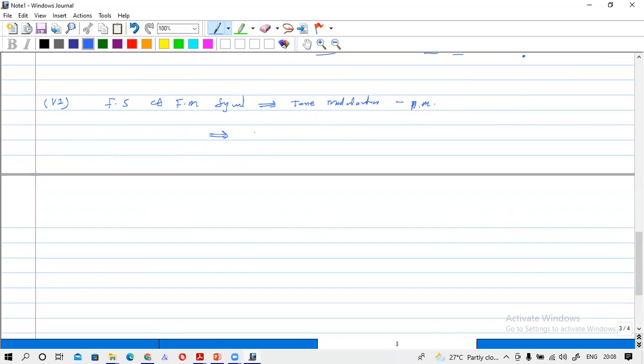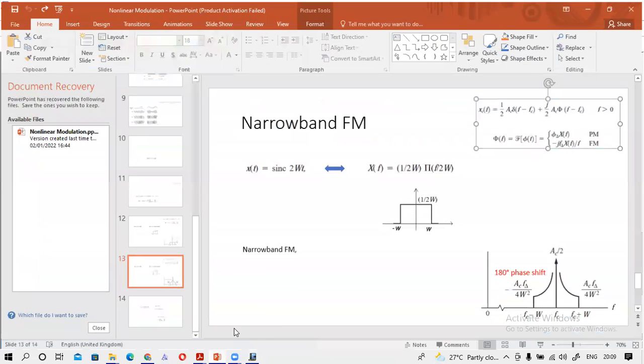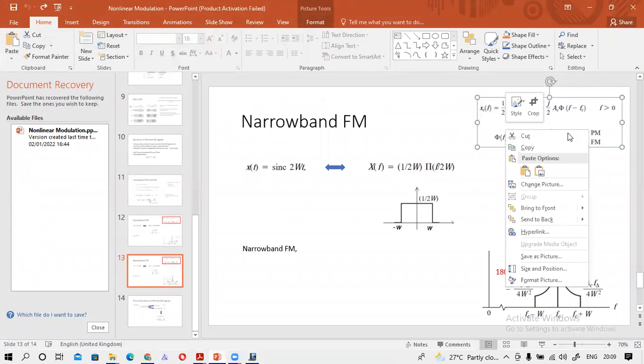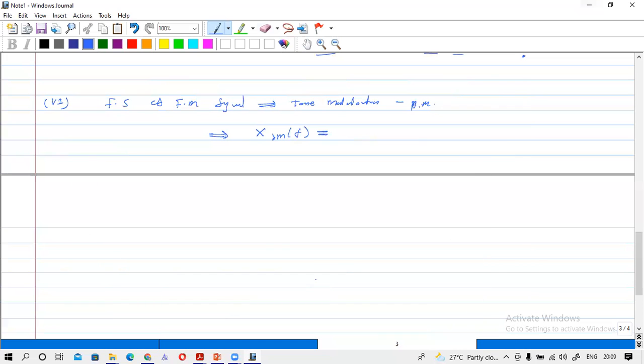The frequency spectrum of the frequency modulated signal we can get using this. This is one method.